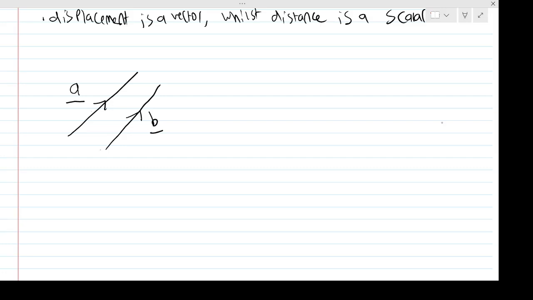So you might be inclined to say that A equals B, because the direction is the same. But what if instead we extended the second line like this? It's the same direction this time.